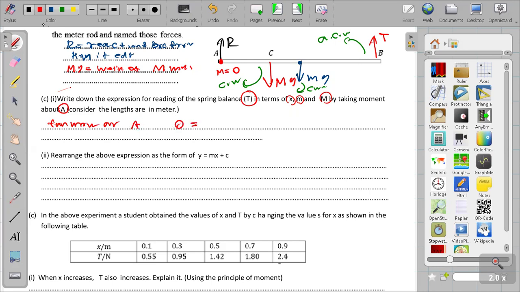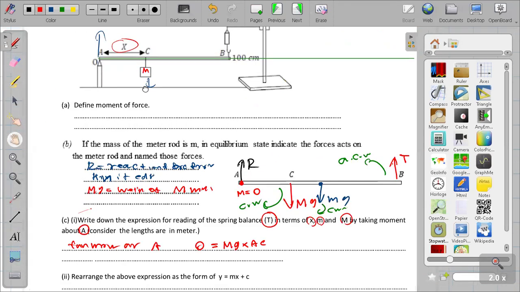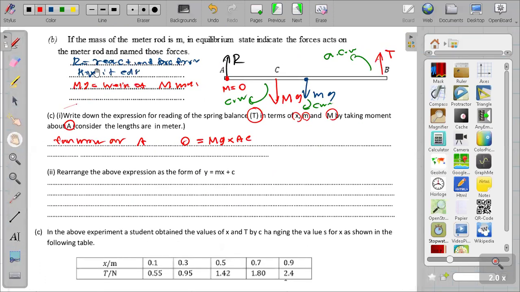0 equals the red things. Here it's capital Mg times the distance AC. AC is given, no? It is x. AC is x.